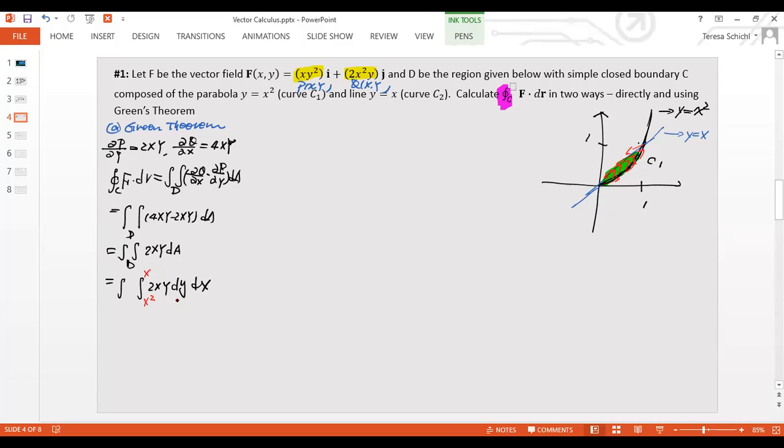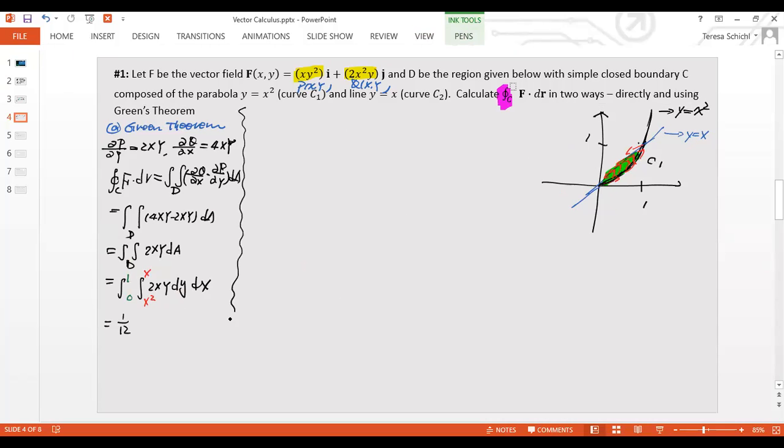Afterward, you integrate out x from 0 to 1. You see it simplified a lot, so now everybody will be able to do this simple integration, and the answer is 1/12. So the Green series is pretty easy.